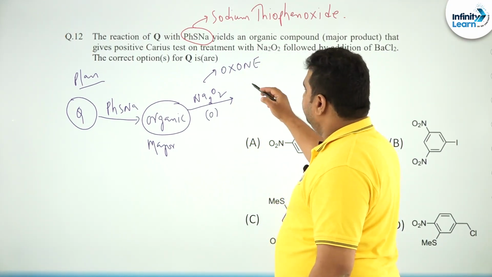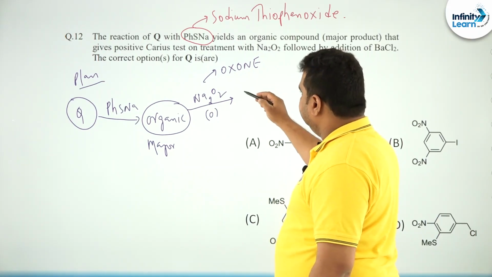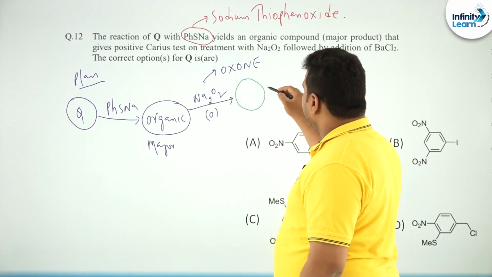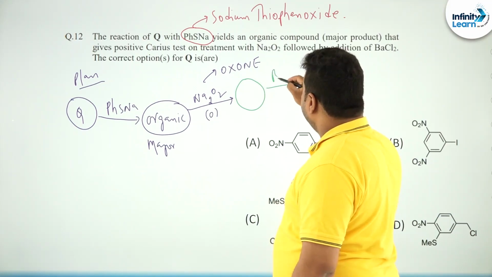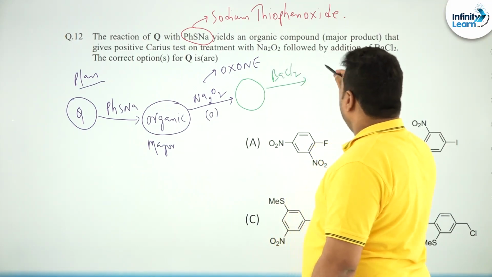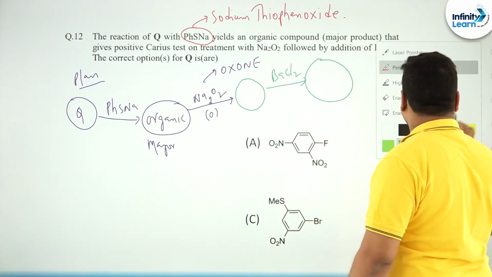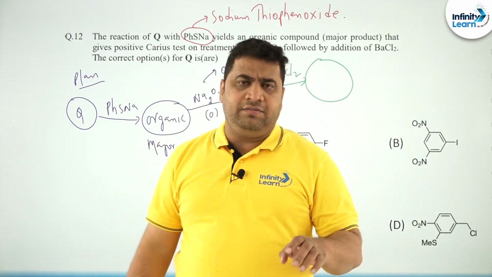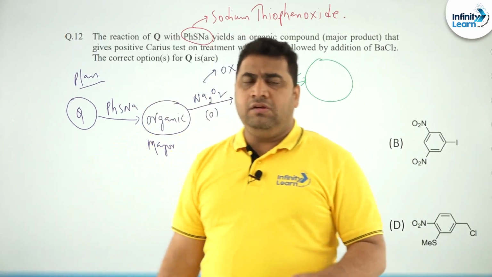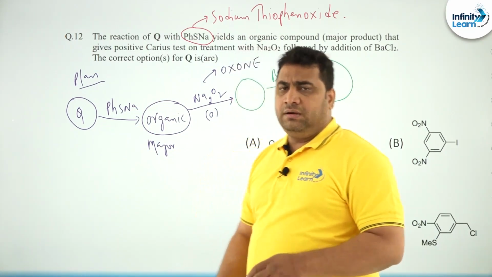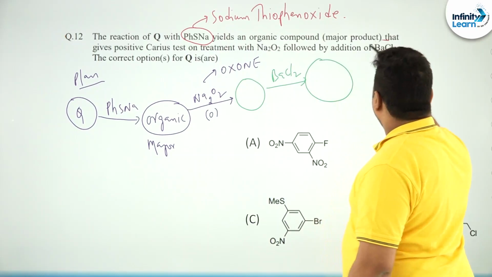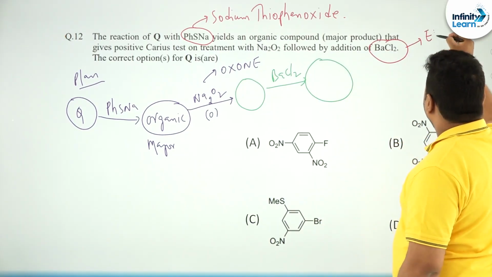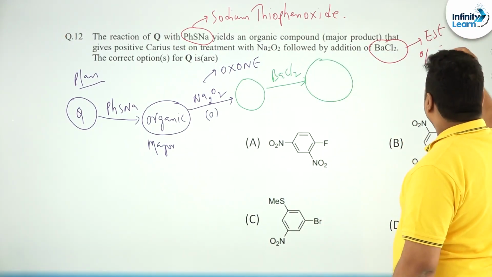So obviously you are going to get some compound, and that compound, if you treat with barium chloride, you are going to get another compound. Dear students, if you are very good in NCERT level of preparation, then you know that in the Carius method you use barium chloride to estimate the percentage of sulfur.